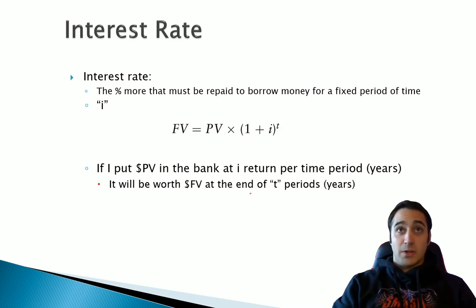And you can see that in the function. Tomorrow's value, i.e. the future value, will be equal to the present value, i.e. how much it's worth today, times 1 plus the interest rate. So if you've got $100 and the interest rate's 10%, the future value of $100 after a year at 10% would be $110.